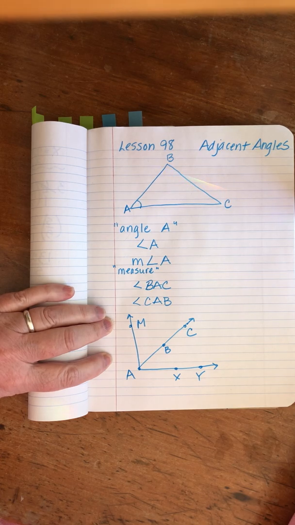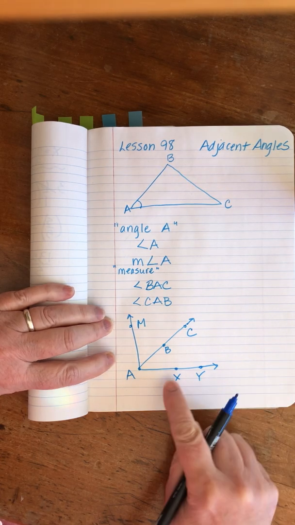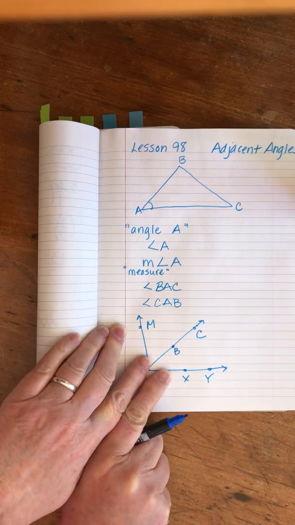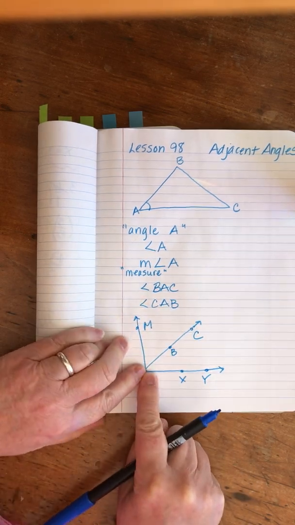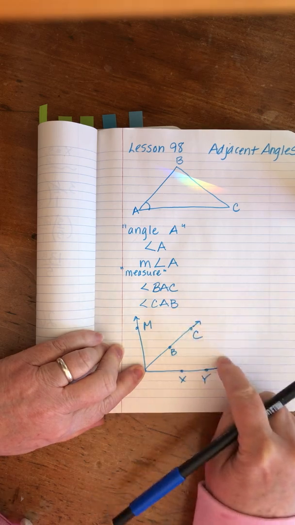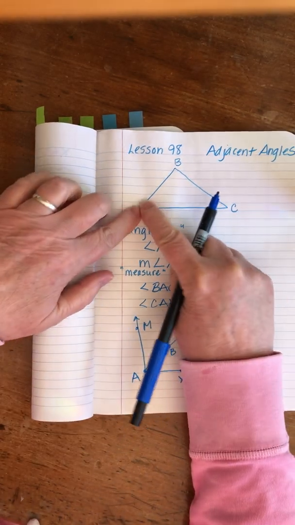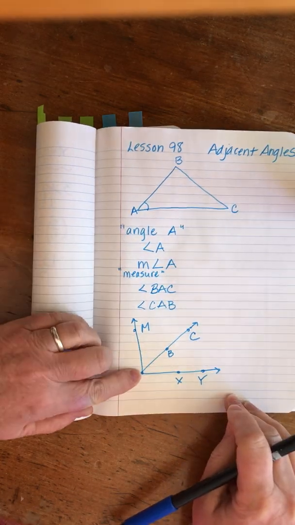Okay, this is a more complicated pair of angles, right? There are two angles here that are stuck together. Neither end is closed off to make a triangle, but we can see there's a lot of similarities, right? It's as if we took this and let it keep going.